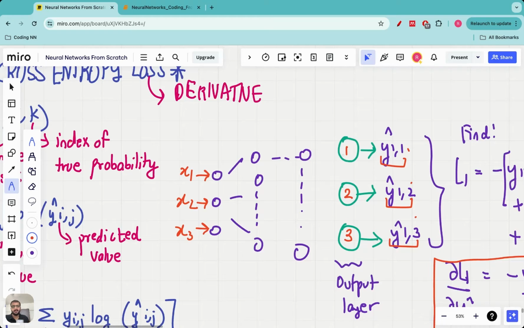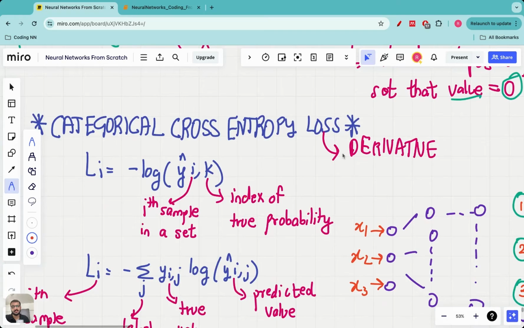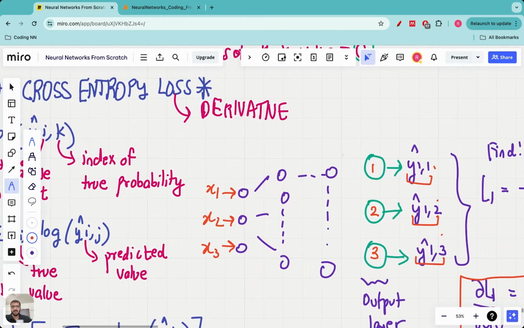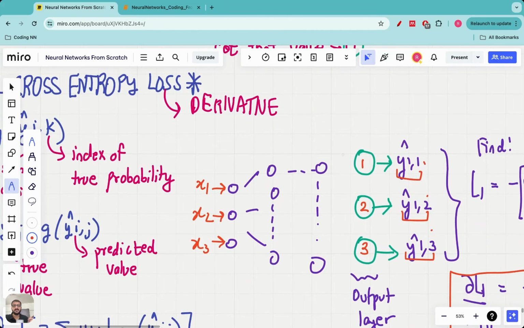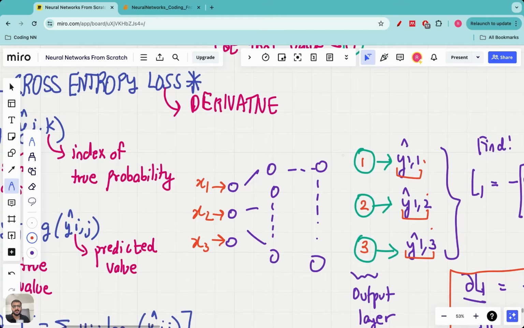Initially, let me tell you a bit about how the loss is calculated in this case. So we have a classification problem here. So the loss which we are going to use is called the categorical cross entropy loss. I have a separate lecture on this in the machine learning teach by doing series. So if you are not aware of this loss, please go to that lecture. I'll explain this loss briefly here itself.